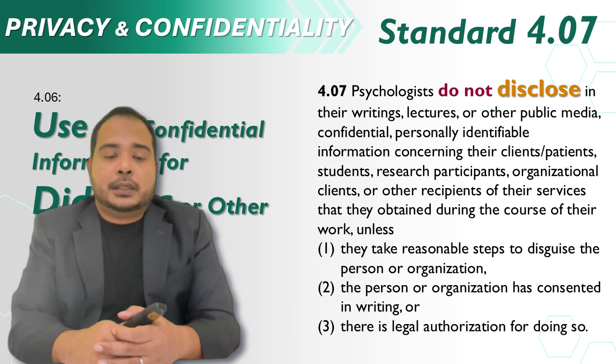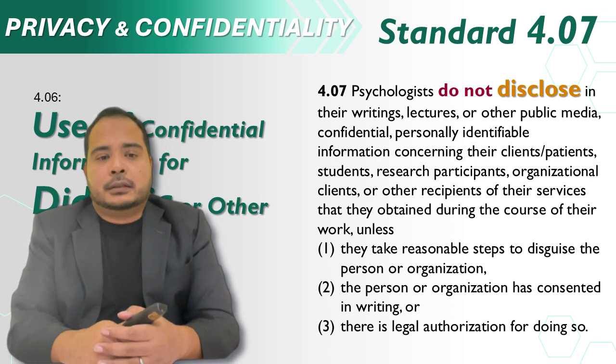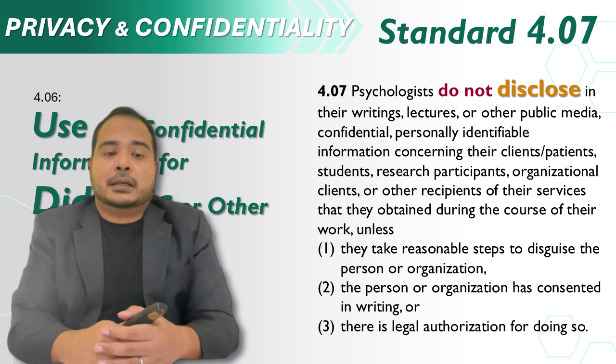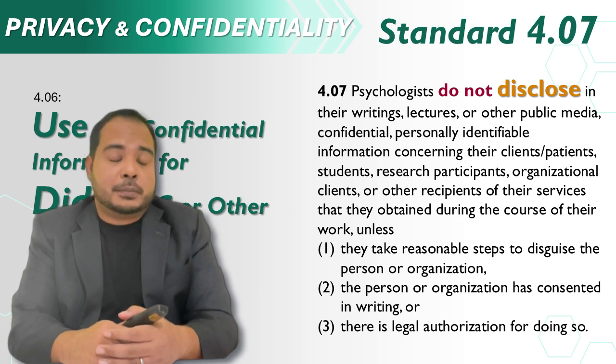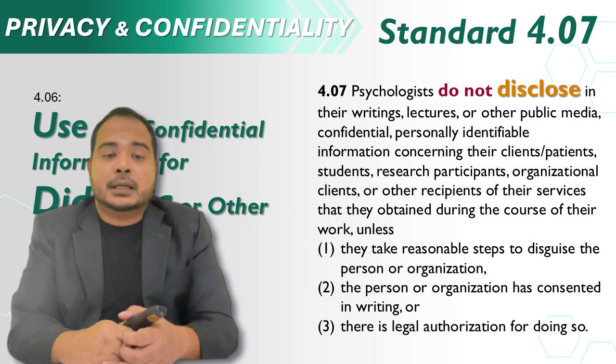This may include altering demographic details, changing contextual information, obscuring timelines, combining case material from more than one person, reporting in aggregates or summaries rather than in single cases, or using composite case examples.